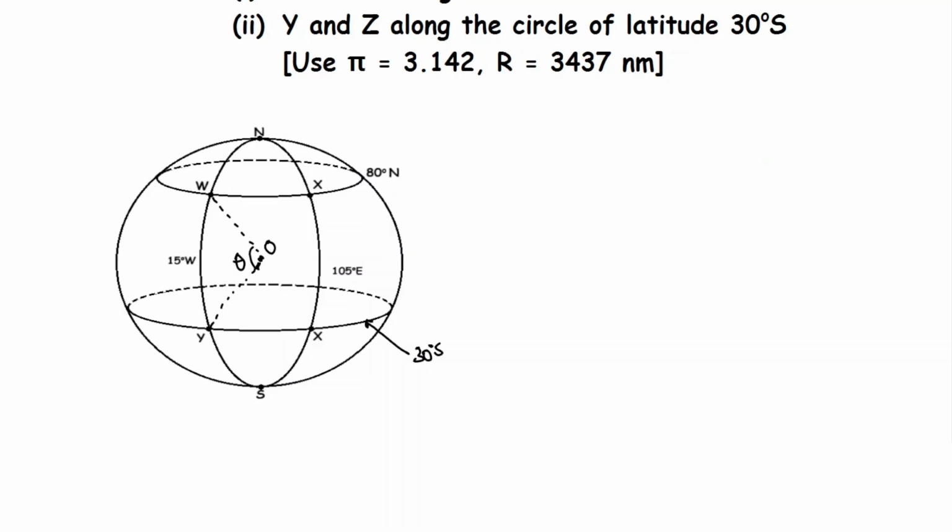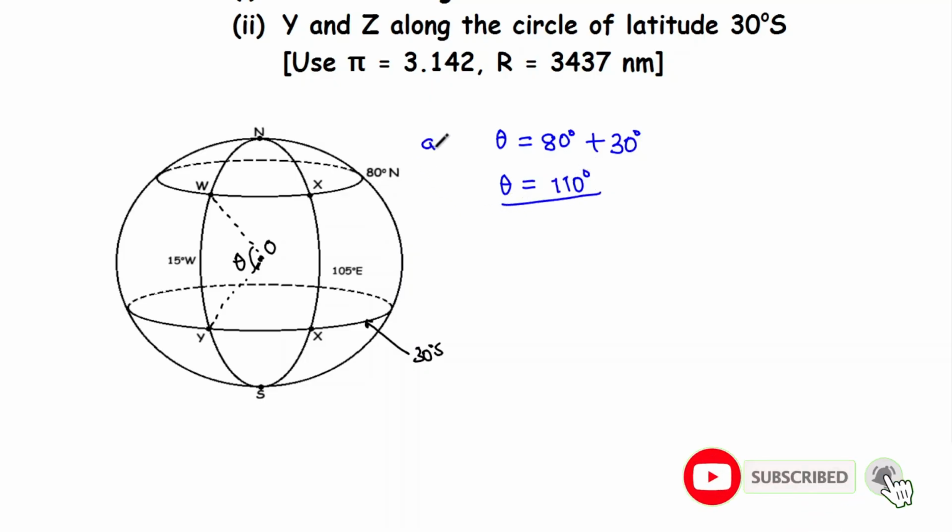To get that angle theta, we simply add the two angles together, 80 degrees north and 30 degrees south, and what you get is 110 degrees. That is the answer to part A of the question.